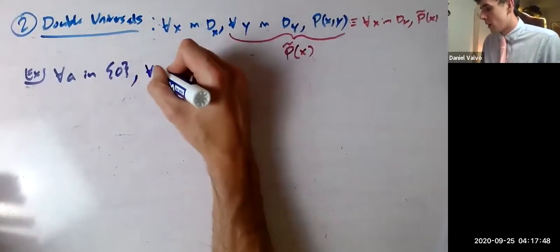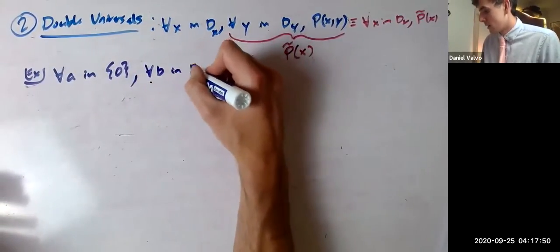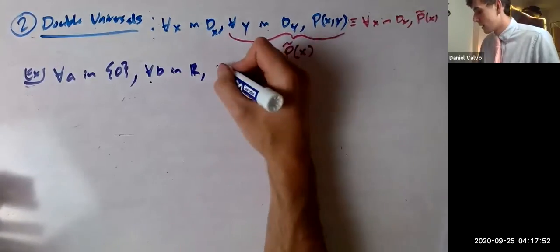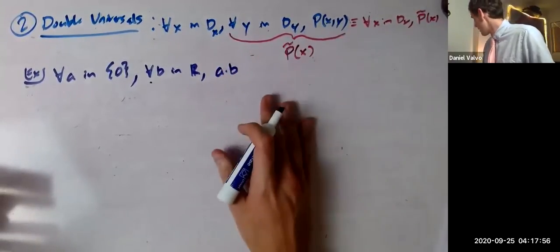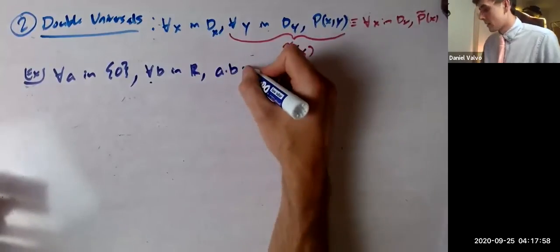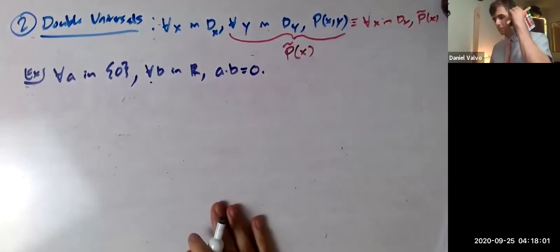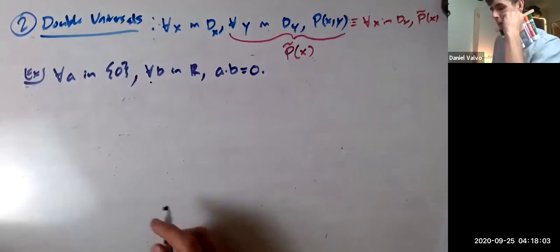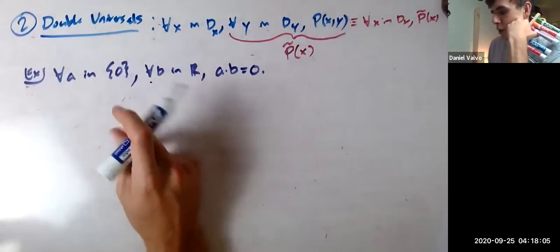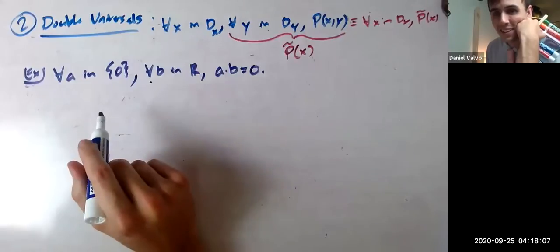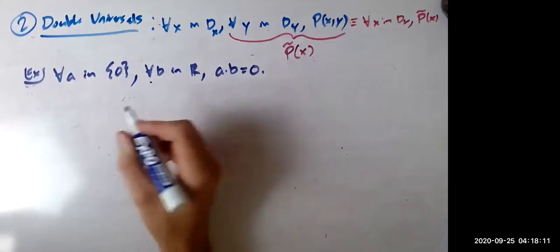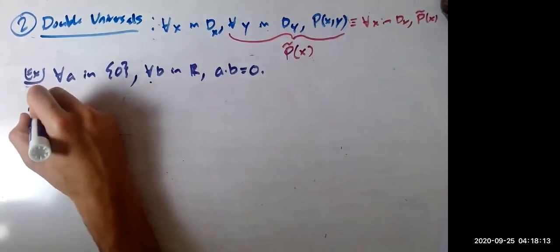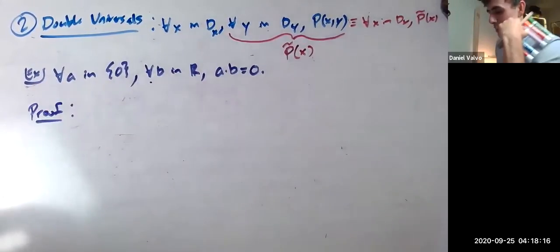And then for all B in the real numbers, A times B equals 0. So is this true or false? This is true, right? Obviously. Anything times 0 is 0. Obviously true, right? We're not really doing anything too special here, right?